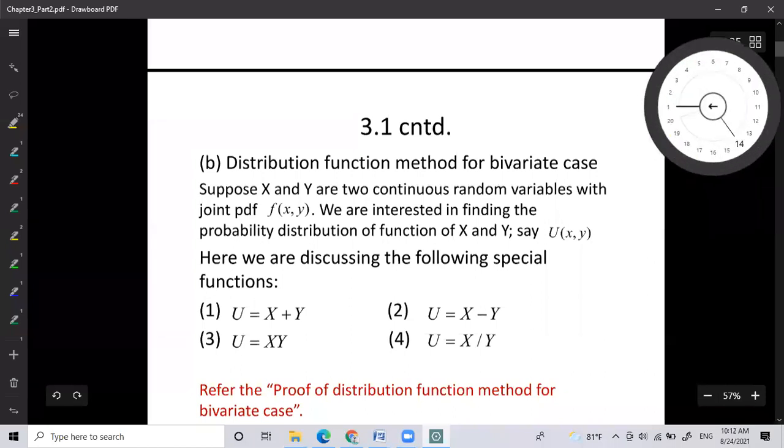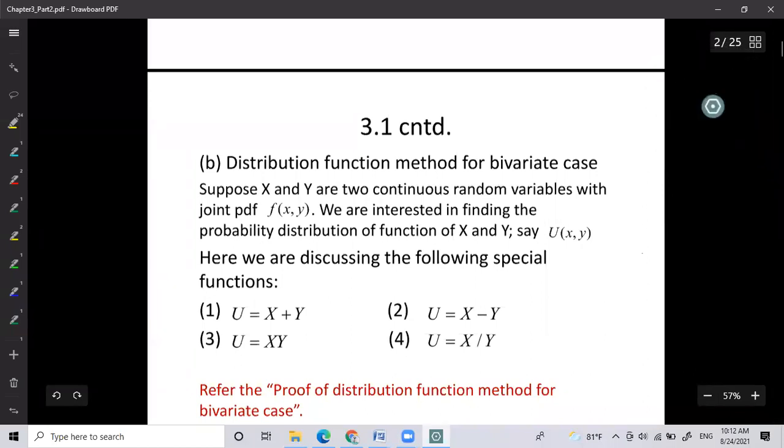You can change these variables with other letters, that is fine. If you want u equals y divided by x, that's fine. These are just letters and notations.